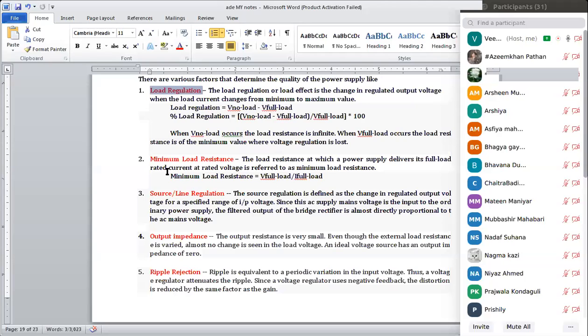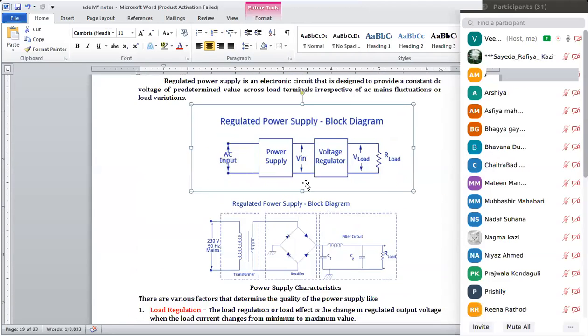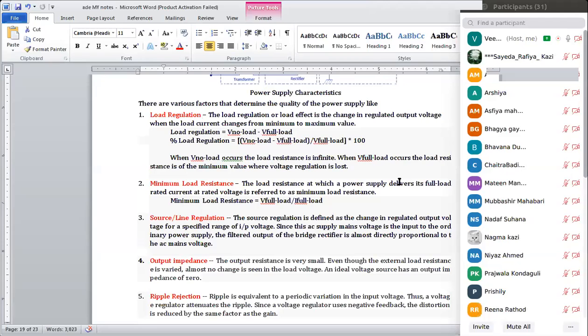Then minimum load resistance. What is this minimum load resistance? Whenever the load resistance is very low or minimum, the power supply delivers its full load rated current at a rated voltage.